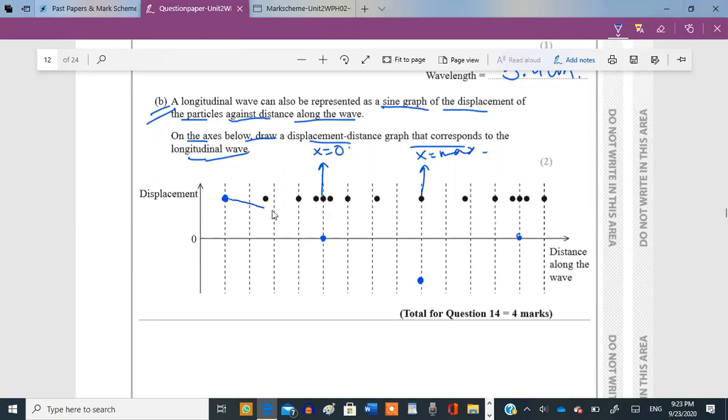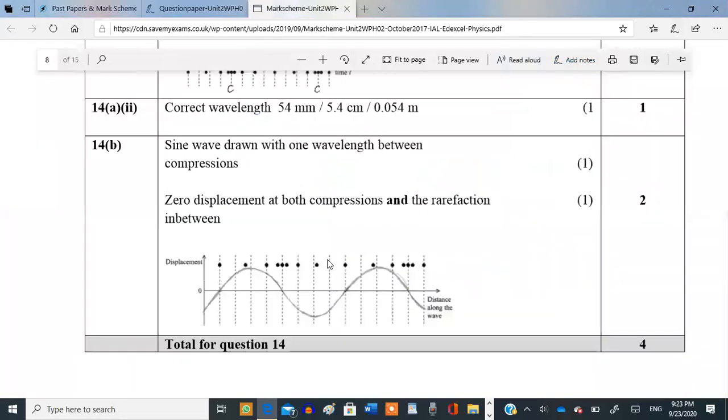So this is going to be a sinusoidal shaped curve, somewhat like this, okay, and over here it will be returning back down. Or this is enough, it's just for 2 marks. Let's see what the marking scheme says.